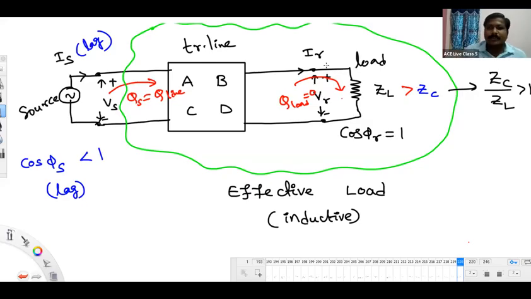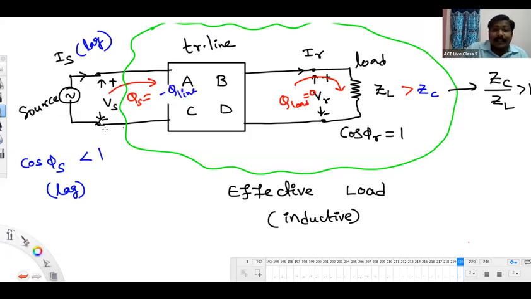It is not going to absorb any reactive power, so cos phi r equals 1. But the transmission line will be absorbing negative reactive power.